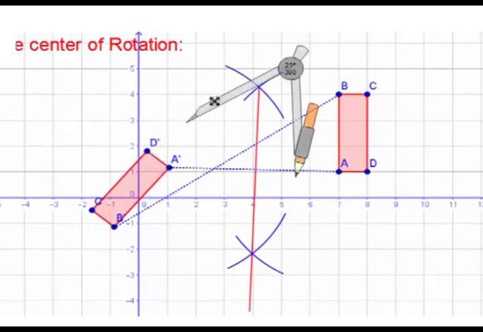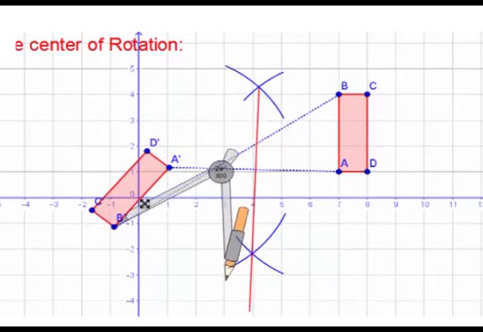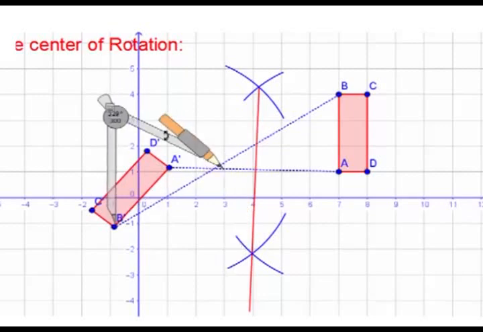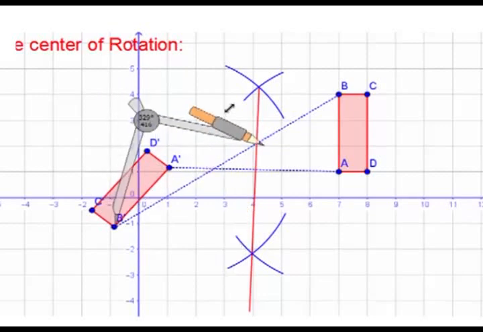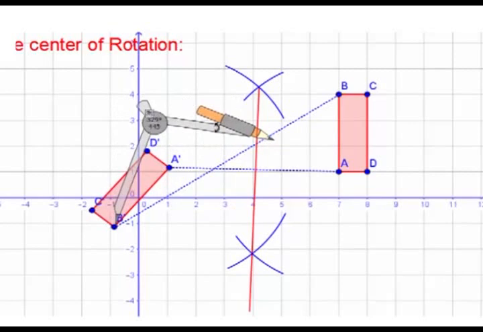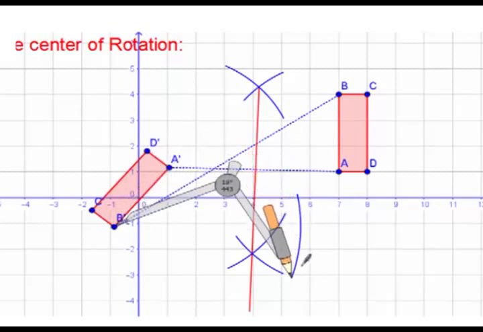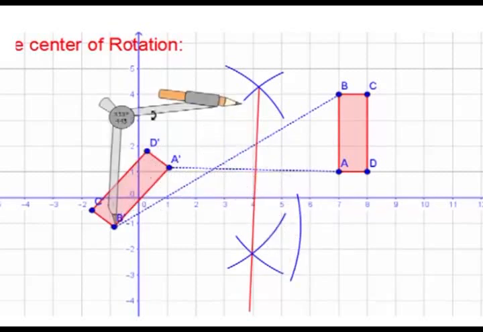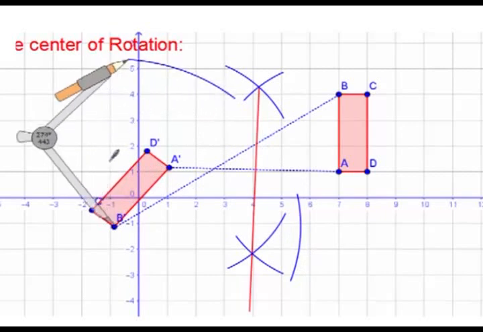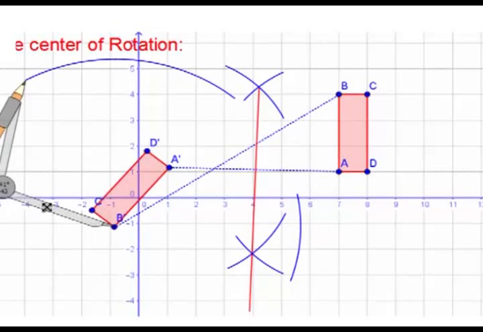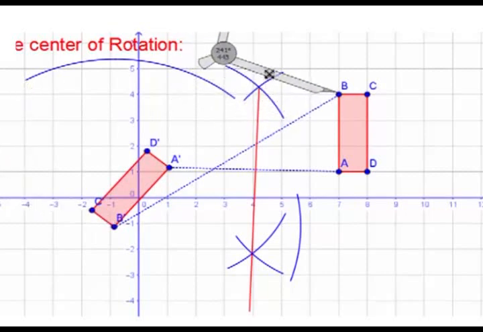We repeat the same for B prime. Open that to more than half. An arc down there and an arc up there. Move with the same radius to B and do the same.